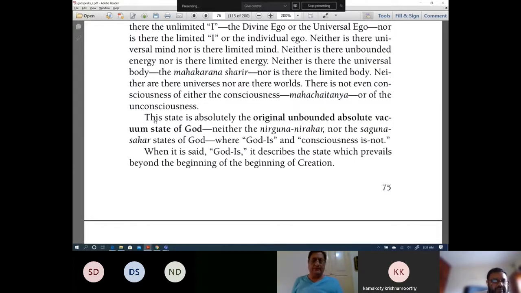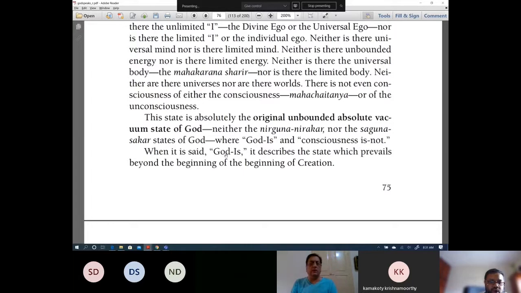Okay. So I wanted to read this last paragraph again. This state is absolutely the original, unbounded, absolute vacuum state of God, neither the Nirguna Nirakara nor the Saguna Sakara state of God, where God is and consciousness is not.